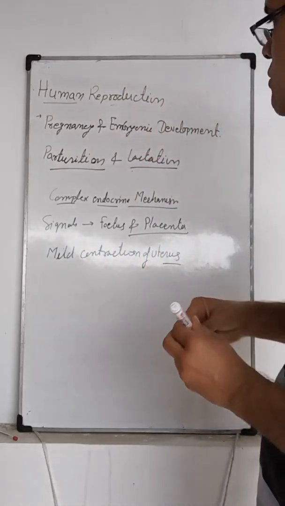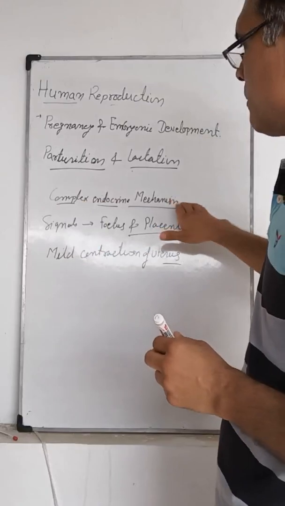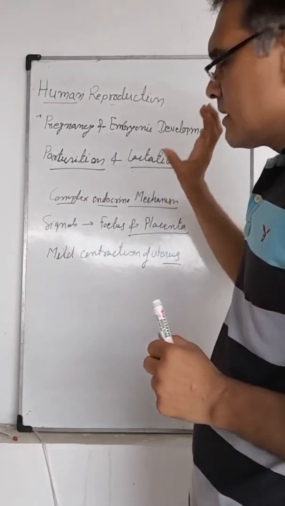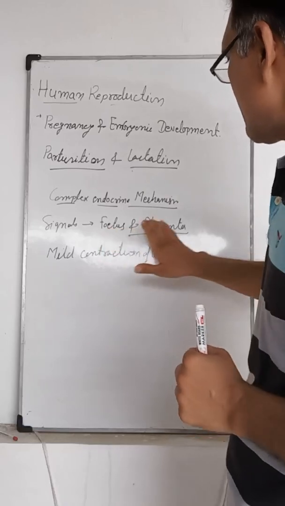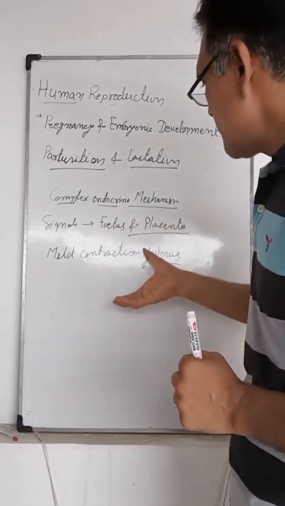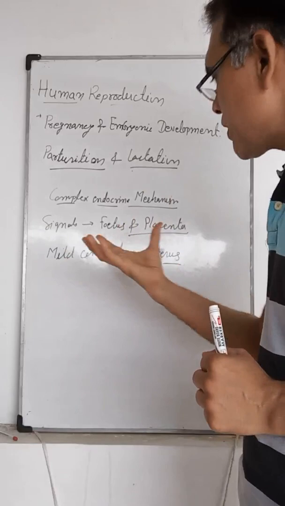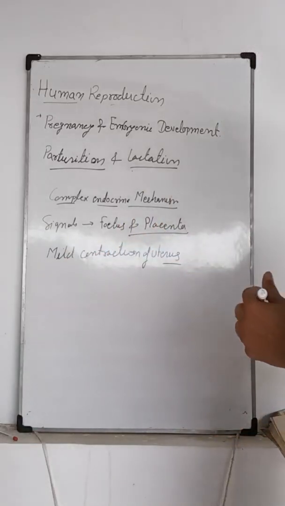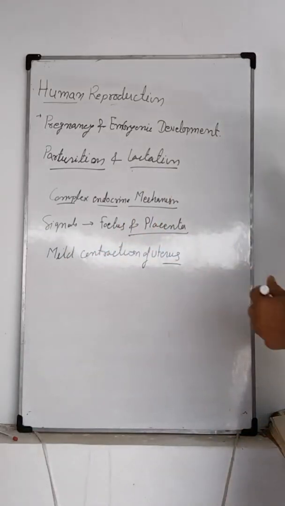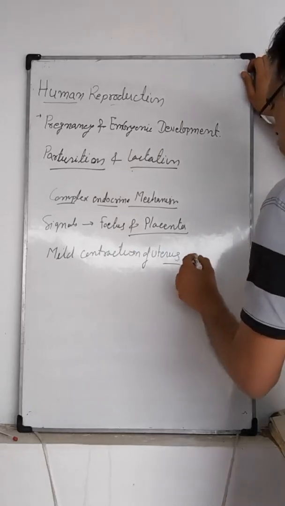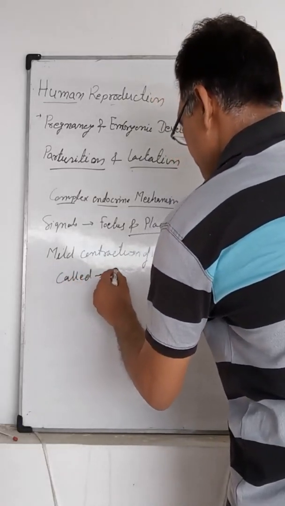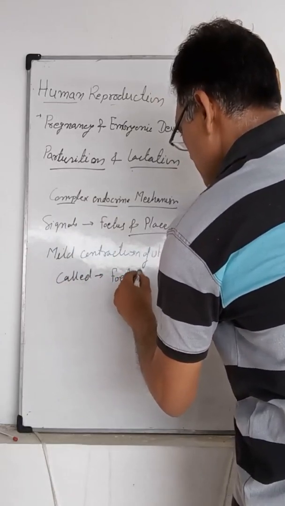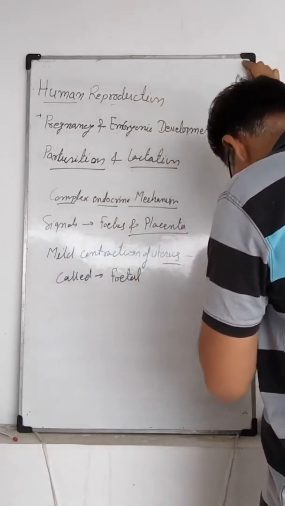This complete mechanism is known as the complex endocrine mechanism; initially signals are developed from the placenta and fetus, and they induce mild contraction of the uterus. This mild contraction of the uterus is called the fetal ejection reflex.